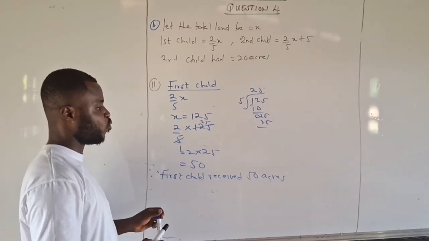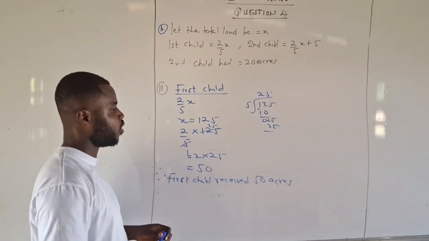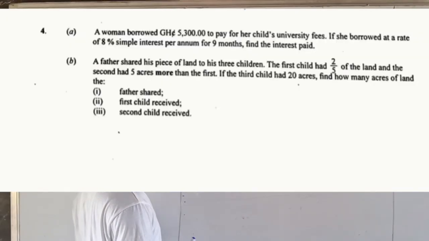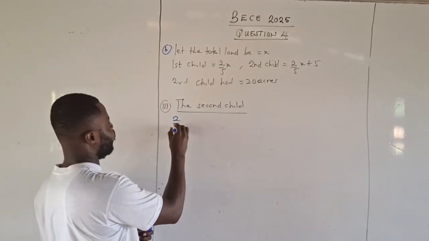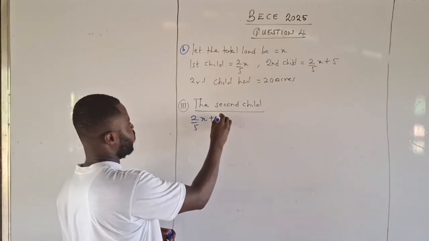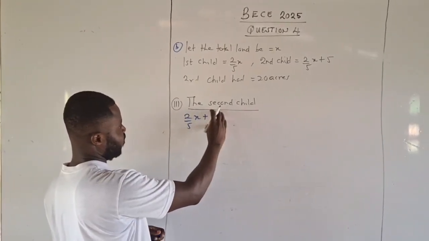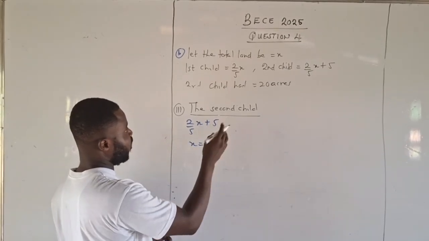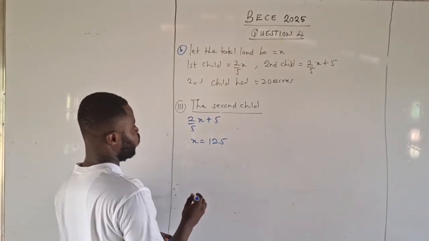So let's take the last one, which is the portion the second child received. The second child had 5 more than the first child's portion. So this is the first child's portion, then 5 more will be this. And we know our x, which is the total land shared, was 125.